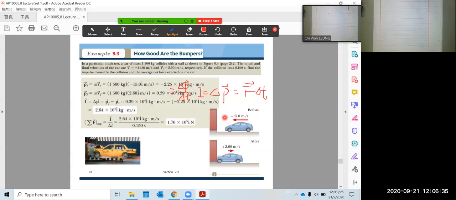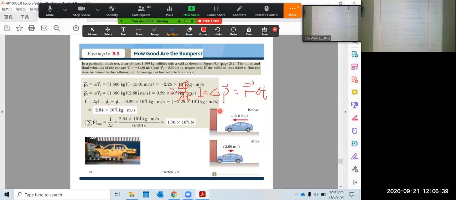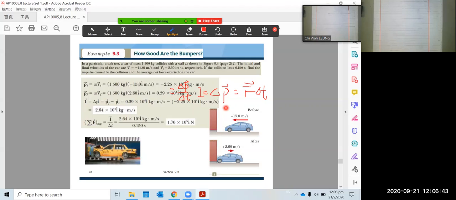On the other hand, it could be the car hitting a sponge, a very soft surface. In that case, it would be maybe 10 seconds for the car to come to a stop, and the force would be much smaller.